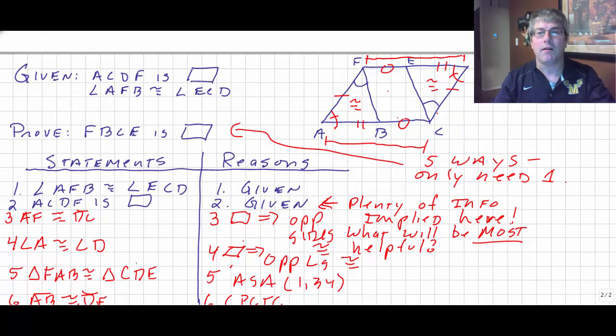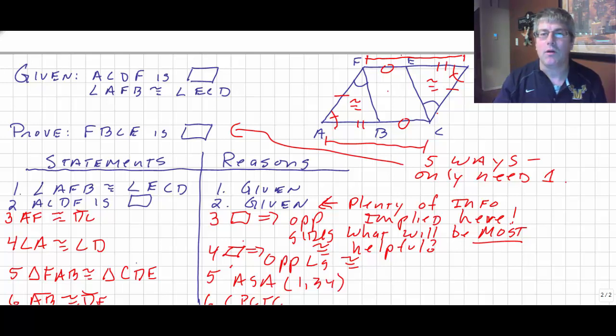So I have one pair of opposite sides congruent. And wow, I could do one pair of opposite sides parallel and congruent. I know that FB is congruent to EC because of CPCTC. So now I've got two good reasons for proving this is a parallelogram. It's just a matter of picking which one I want.